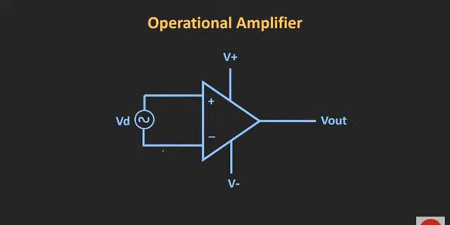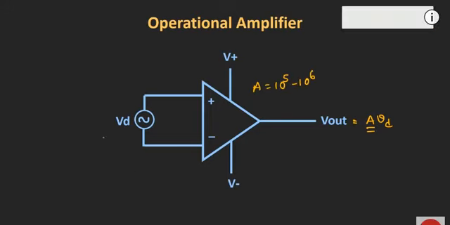Now if we apply the input signal between the positive and negative terminals, then at the output we will get A times this differential input signal, where A represents the open loop gain of this operational amplifier. This operational amplifier is a very high gain amplifier, and the value of the gain is typically in the range of 10 to the power 5 to 10 to the power 6.